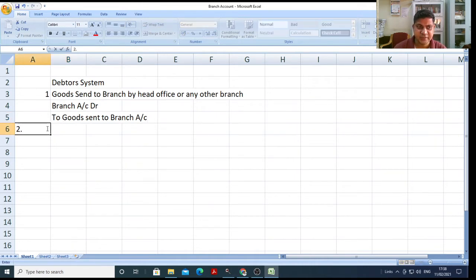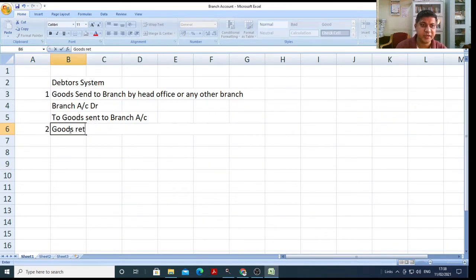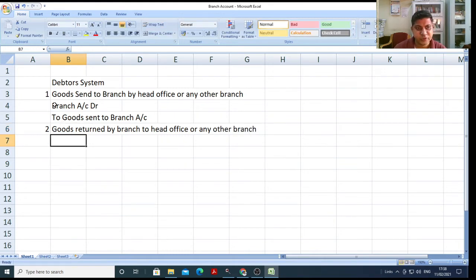Now the second transaction that we are going to discuss is goods returned by branch to head office or any other branch. It is exactly the opposite entry.